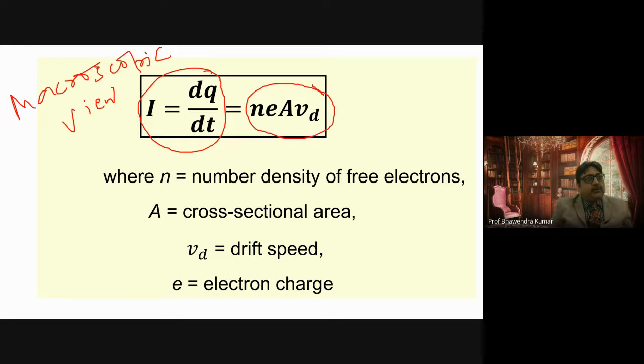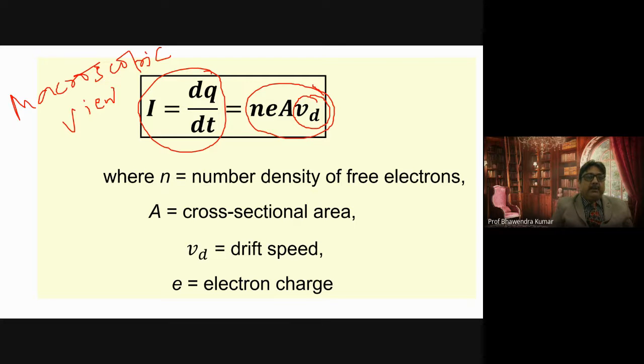In the microscopic view, we are talking about the drifting of the electron. Drifting means what? When the potential difference is applied, it creates an electric field, and due to that electric field, the electrons acquire a net drift velocity by which the electrons drift opposite to the direction of the applied electric field. I hope it is clear to all of you.